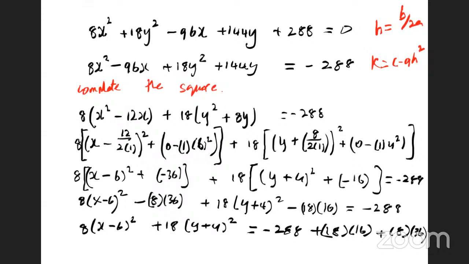All right, so the last line is 8 by x minus 6 squared. So after you complete the square, bring all the x and y on one side, and bring all the numbers on the next side.